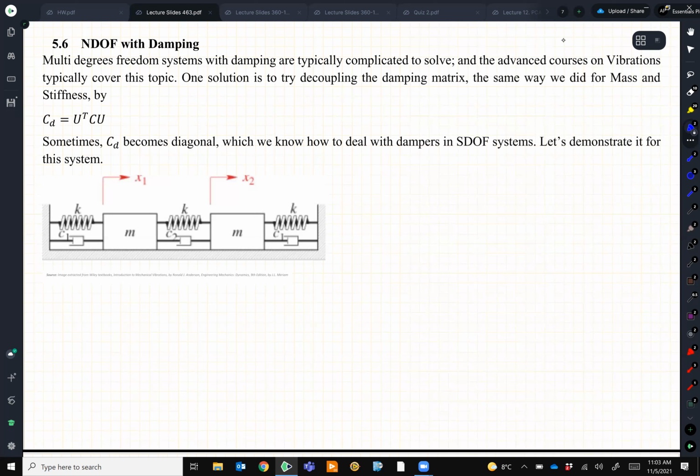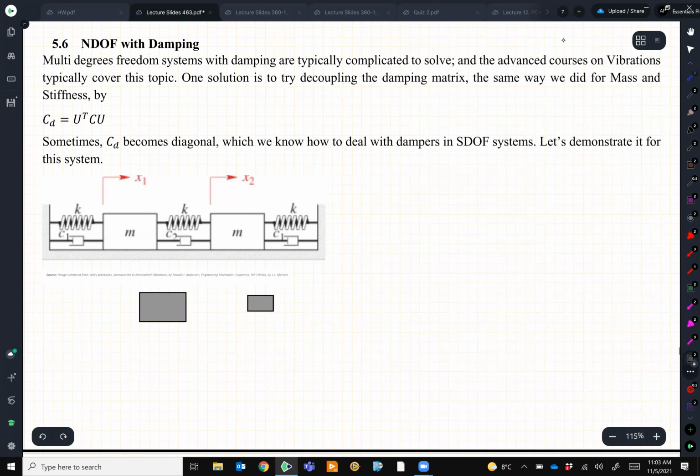So we will do that by starting with the free body diagrams that we know how to do. Free body diagram for this one and free body diagram for the other one. I have 2 springs.